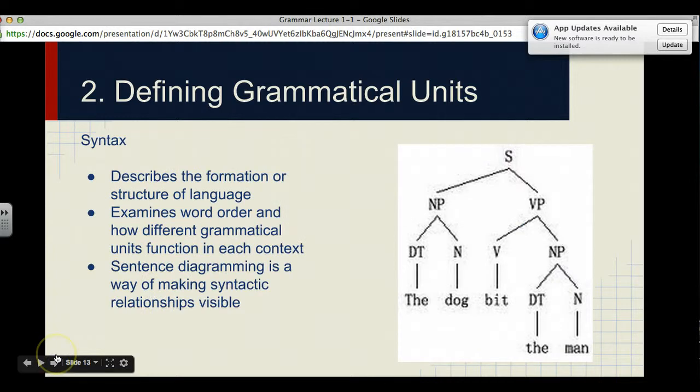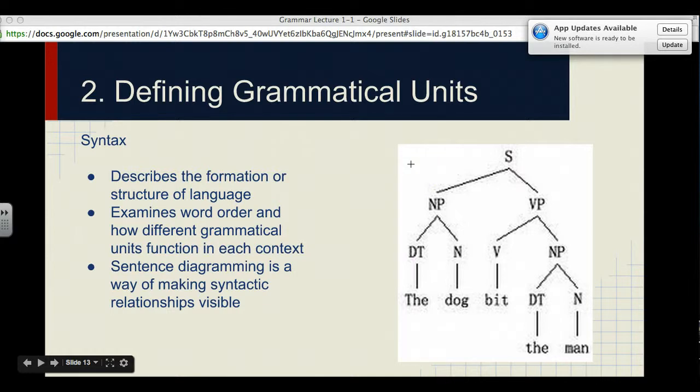So the next thing we're going to look at is syntax. Syntax describes the formation or structure of language, and it examines things like word order and how different grammatical units function in different contexts. One of the things that we're going to talk about, sentence diagramming, is a really useful way to make syntactic relationships visible. Now this example over here is actually what's called a syntactic tree.